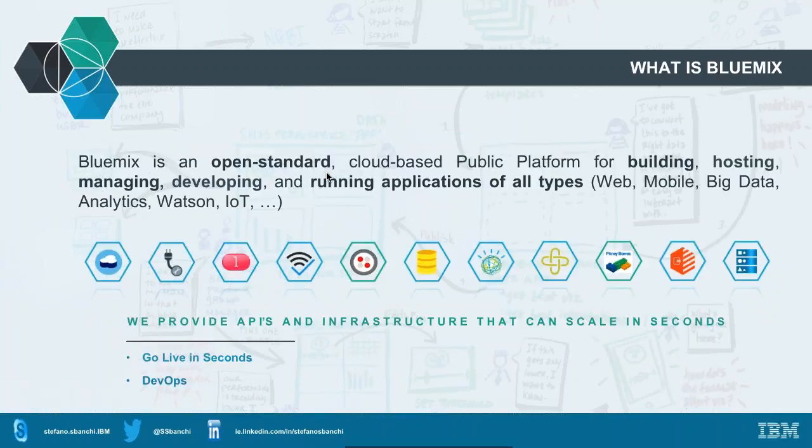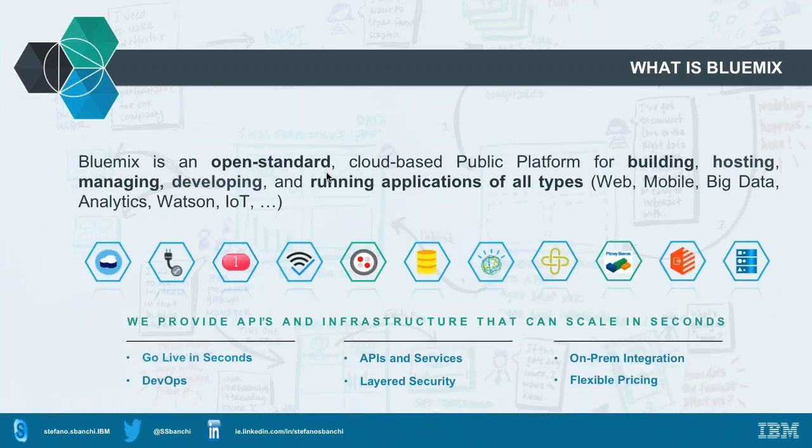So what Bluemix is? Bluemix is a cloud platform which you can use to build, host, develop, manage, and run almost all types of application, from web, mobile. When I say mobile, I mean the backend services that you can host on the web, but you can call it from your front-end device, iOS or Android or hybrid. And then you can use a lot of big data services, analytics, Watson cognitive, and IoT, the Internet of Things, for managing the smart device.